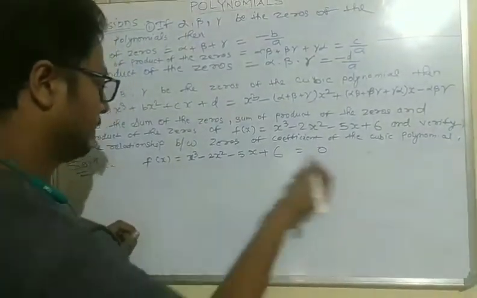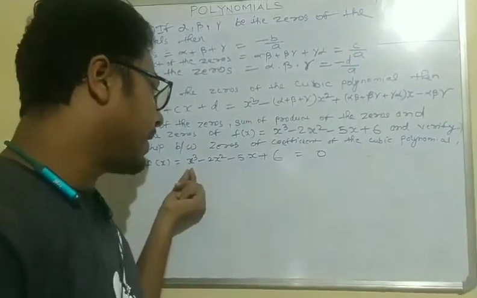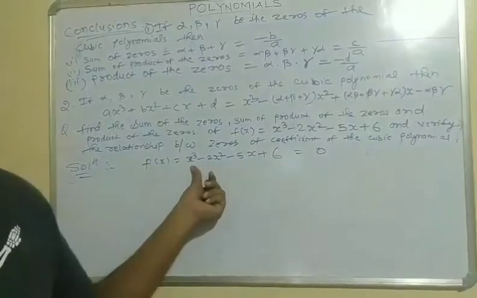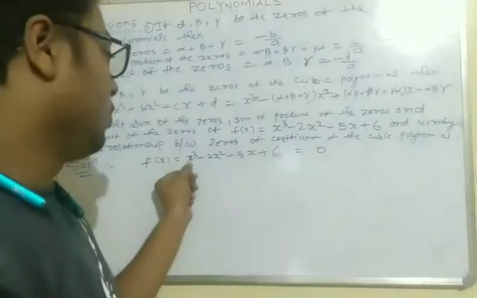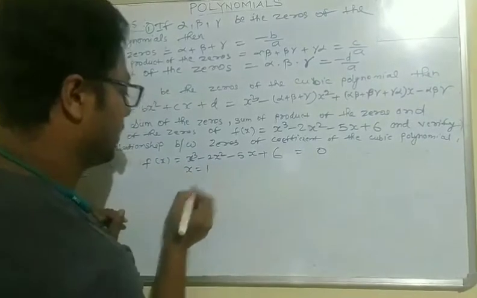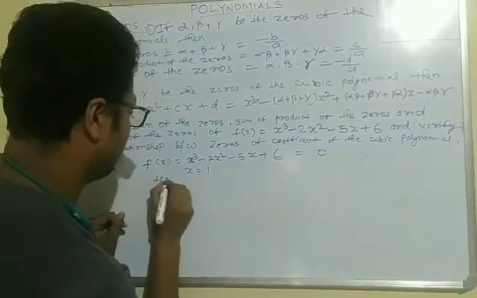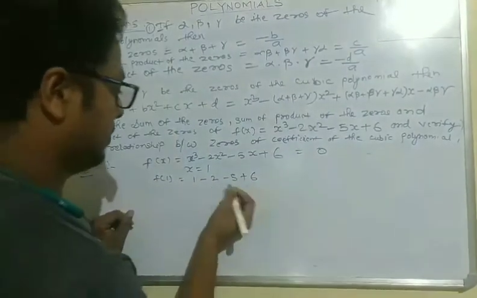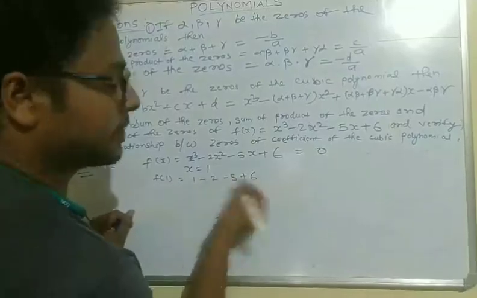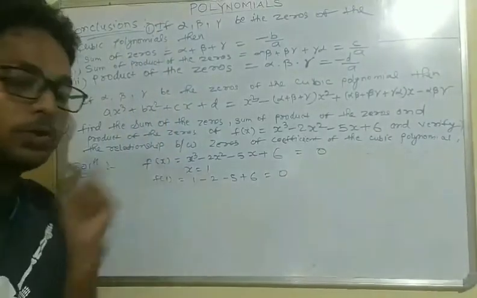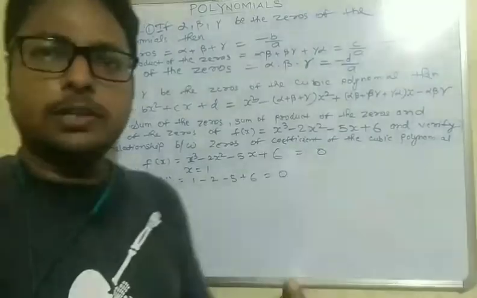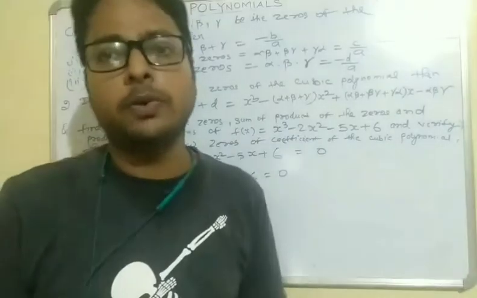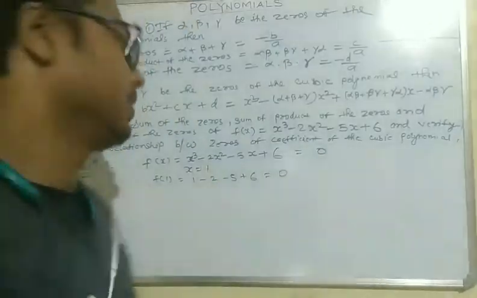If we apply x equal to 1, then f(1) equals 1 minus 2 minus 5 plus 6, which is 7 minus 7 equal to 0. Then x equal to 1 is a zero. I have to find one value by my own sense, then the other two will come out by applying x equal to 1.